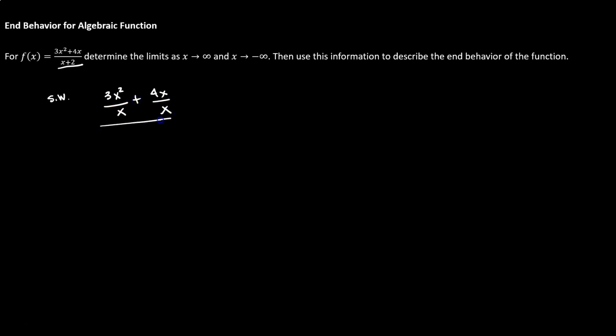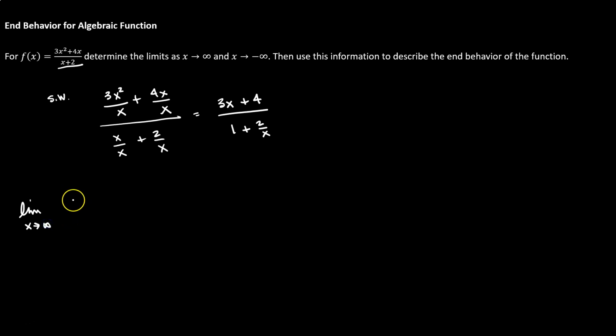And again, this is literally just to make our calculation easier when computing the limit. We like to have terms that have x in the denominator because as x gets crazy large, those terms go to 0. So we end up with 3x plus 4 in the numerator and 1 plus 2 over x in the denominator.